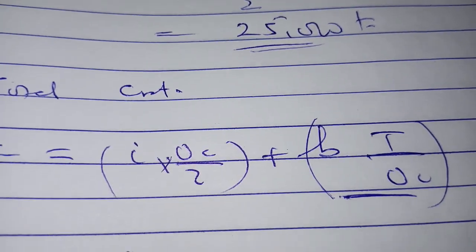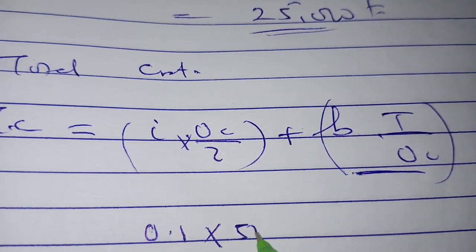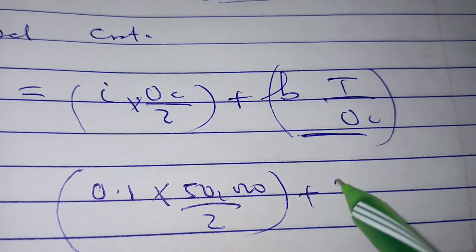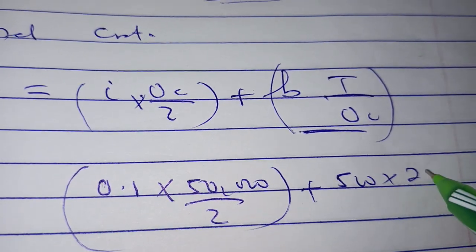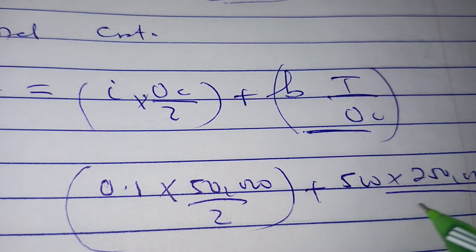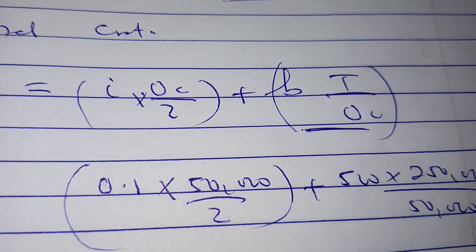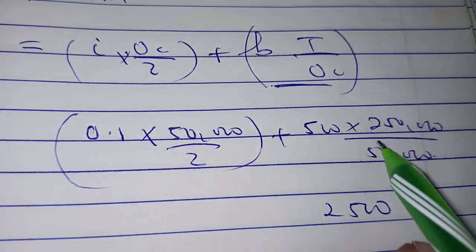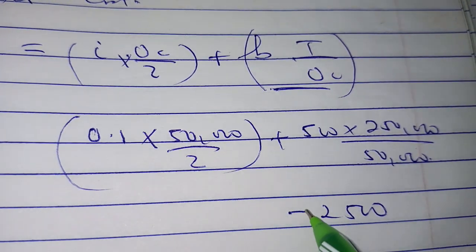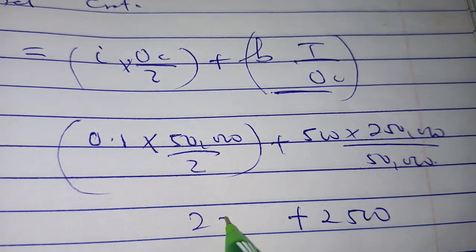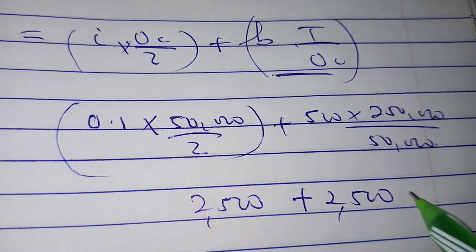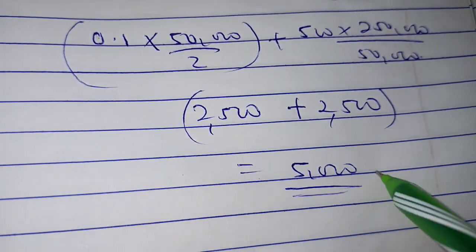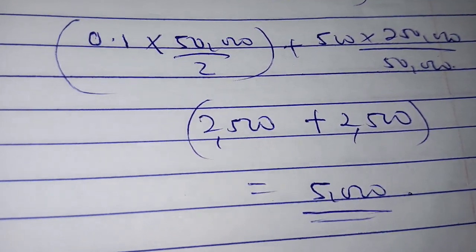Therefore, we shall have 0.1 multiplied by 50,000 divided by 2, and then we add 500 times 250,000 divided by 50,000. This now becomes 2,500 as the cost of holding the cash, then we have the cost of transferring, and that gives me 2,500, so the total is 5,000 shillings.